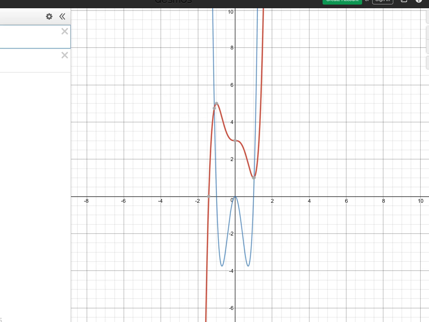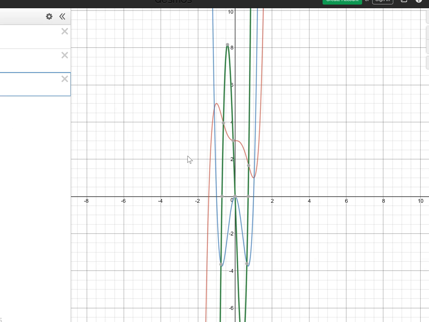Now, if I graph my second derivative, I want you to notice something. So if I do the second derivative, which was 60x to the third, sorry, I should have had this in there already, but you guys are used to me, right? And minus 30x. So I know this is hard to see, but if I graph the second derivative here, notice at 1, right, my second derivative is positive.